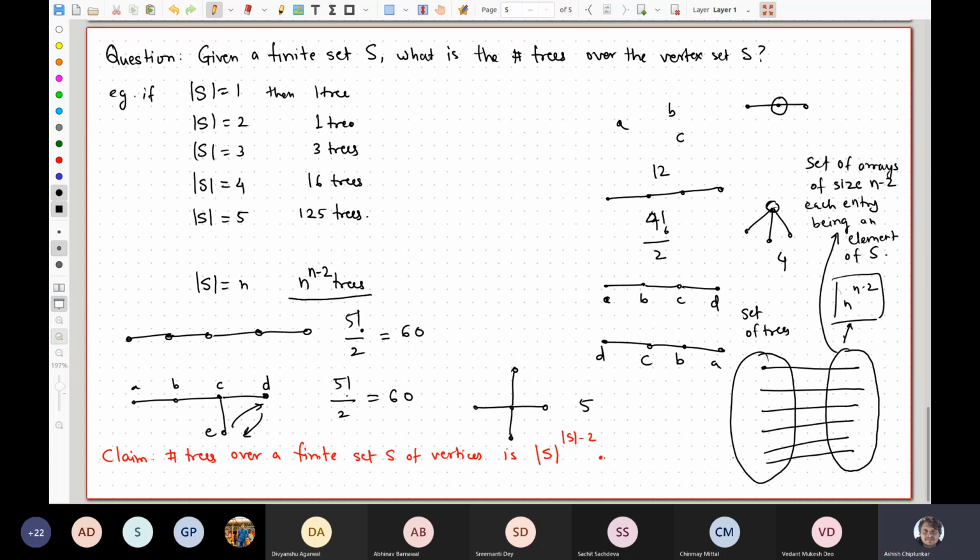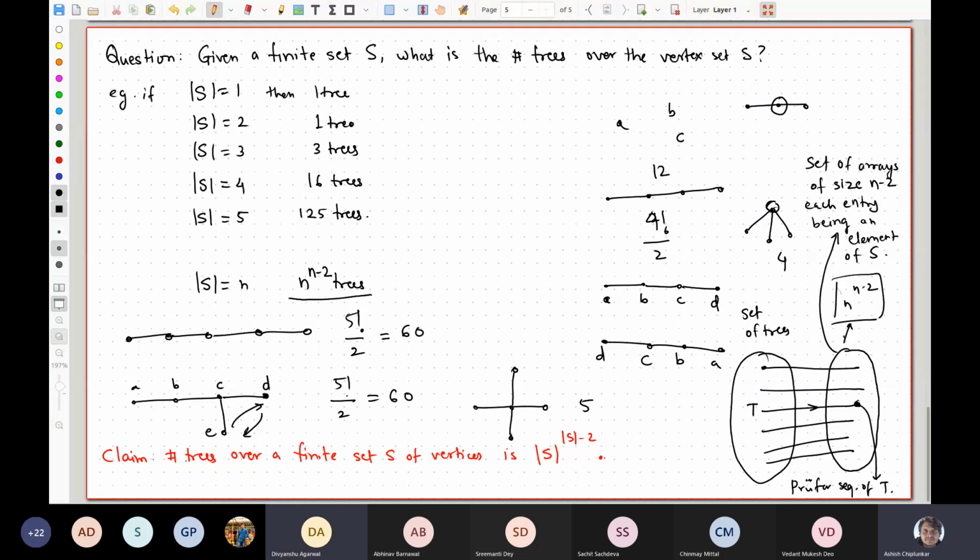So if you have a tree over here, then the array which this tree gets mapped to is called the Prufer sequence of T. And we'll see how you get the Prufer sequence.